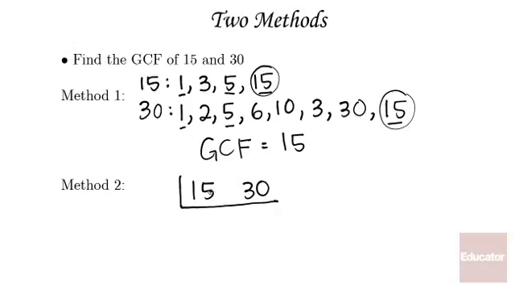So let's say 5. I'm going to write that right outside the box. Now, if I pull 5 out of 15, or 15 divided by 5, I get 3. I'm going to write that right below the 15. And then right here, if I take a 5 out of 30, or 30 divided by 5, then I get 6.